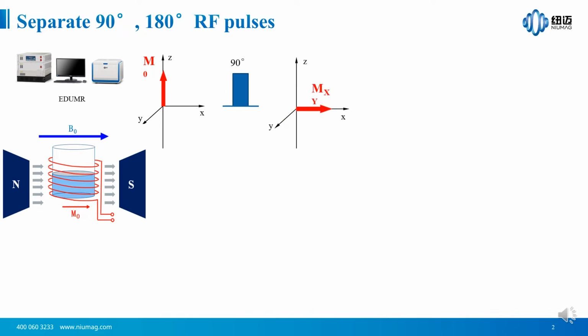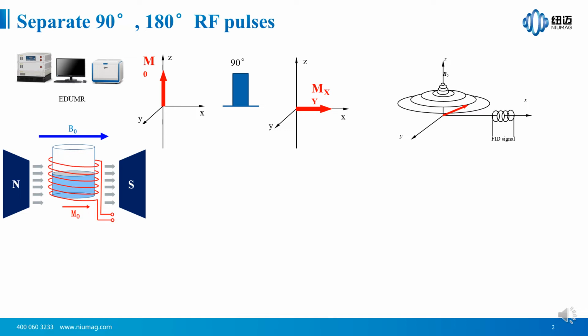After the pulse ends, the transverse magnetization vector cuts the probe and produces an NMR signal. The instrument then measures an NMR signal. This is the case of a 90-degree RF pulse.